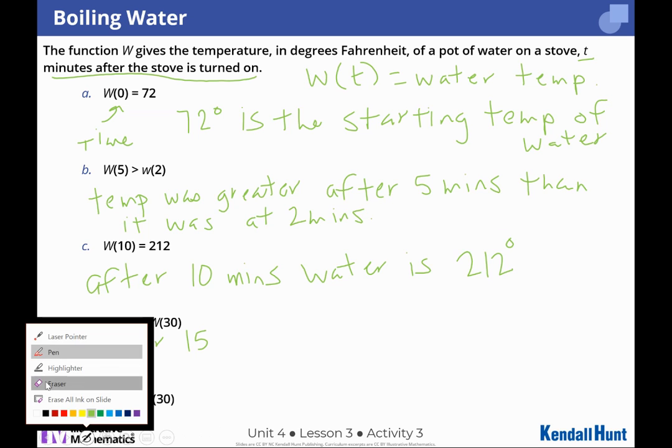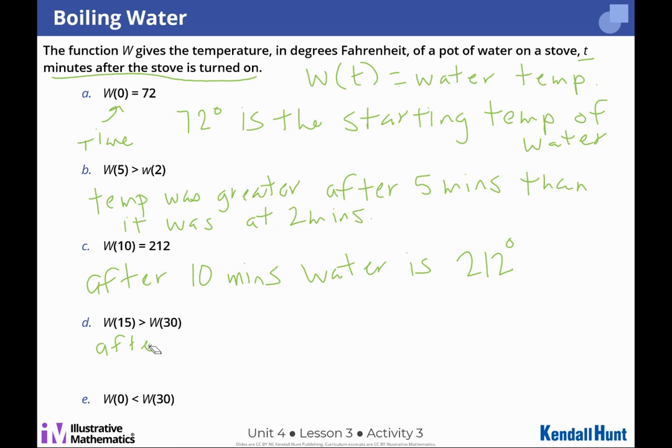And I'm going to say the temperature at 15 minutes is greater than the temperature at 30 minutes.